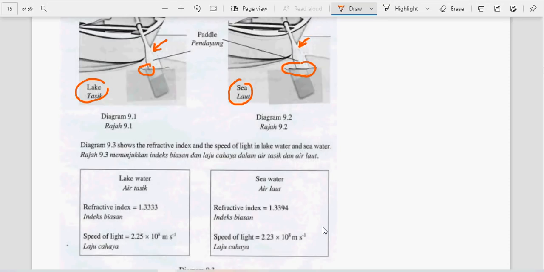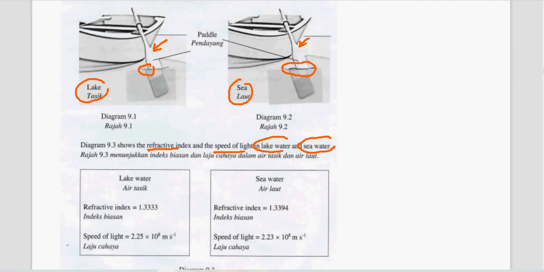So diagram 9.3 shows refractive index and the speed of light in the lake water and in sea water. So refractive index, they give you number like that. Okay. And then the speed of light also like that. Okay, so you can do just like we did just now. So we have the refractive index, N for the lake, which is diagram 9.1, and then N for the sea. This is diagram 9.2.